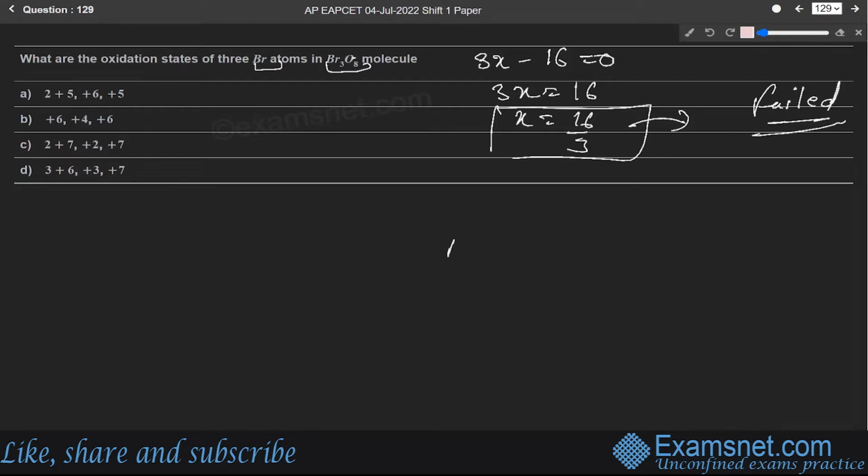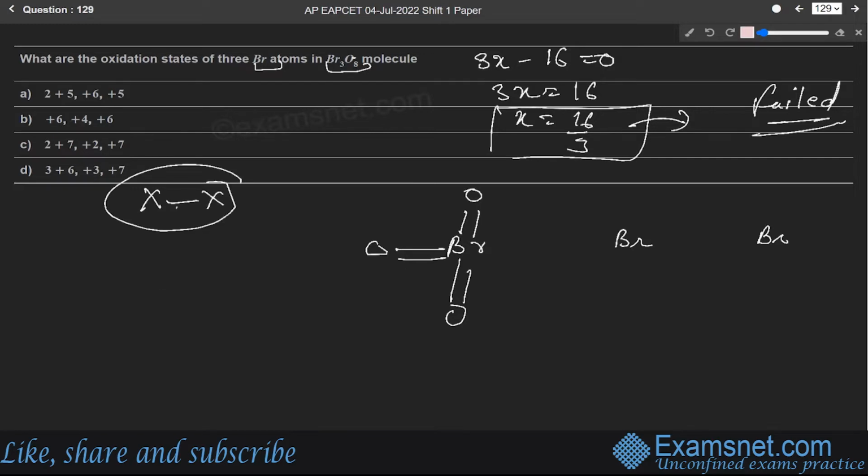Draw just the 3 Brs. Oxygen makes a double bond. So there are 8 oxygens. Always when there is a halogen, it goes with a single bond linkage. So I'll suggest you combine with a single bond first, right?